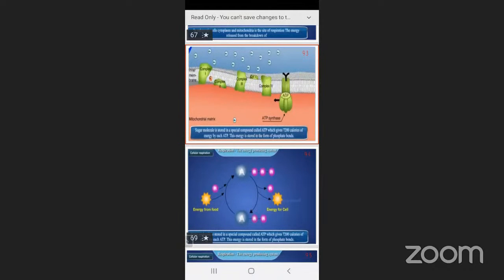This energy is stored in the form of phosphate bonds.